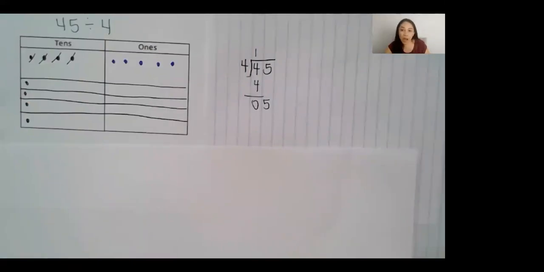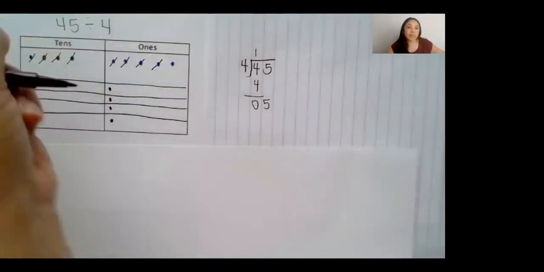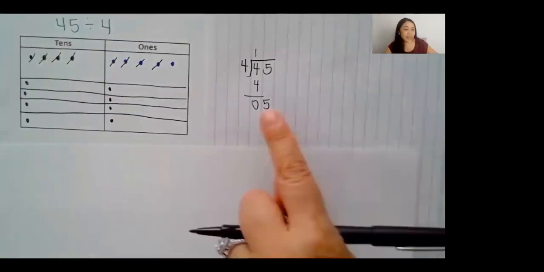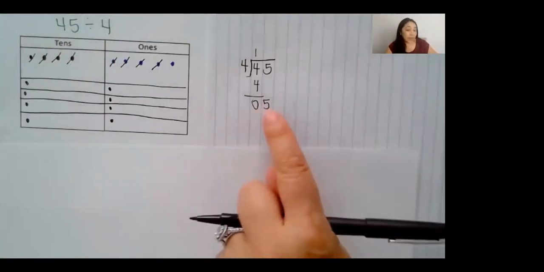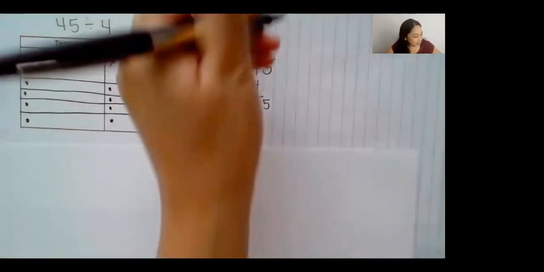Go ahead and distribute the discs, crossing off the 4 that you use. How can we record what we just did using numbers? 5 ones divided by 4 is 1 one.